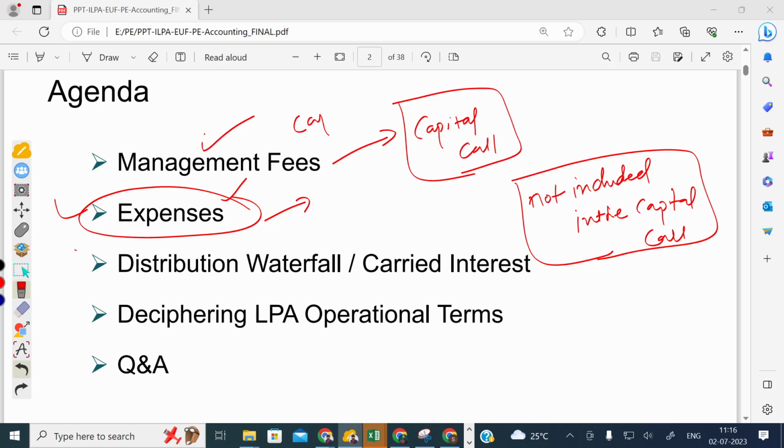Same for the time of distribution also. Distribution means the return of capital process. At the time of returning the capital to the investor, you need to calculate the distribution amount, meaning the exact distribution proceeds or exact return of capital amount, and return that to the investor.